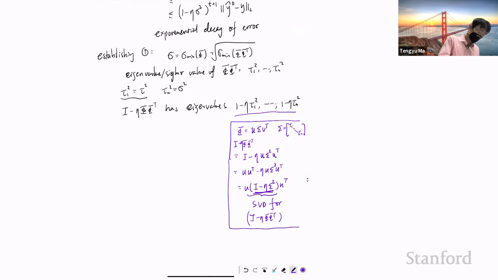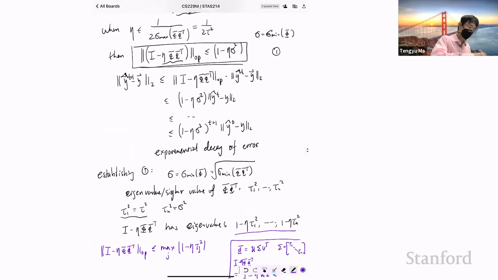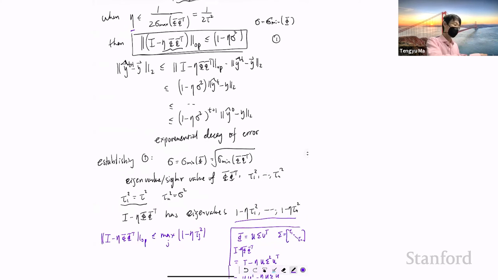So basically that's why the operator norm of I minus eta phi transpose phi is less than the max over j of |1 minus eta tau_j square|. And I think the choice of eta is trying to guarantee that you never get to the negative side. You try to make sure eta is less than 1 over 2 tau square, where tau is the largest one.